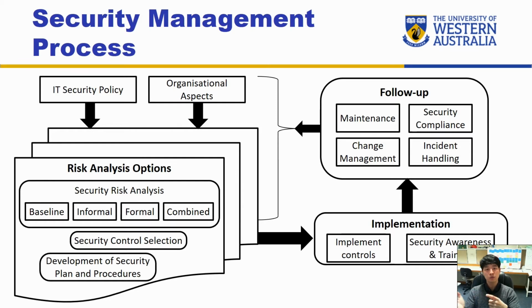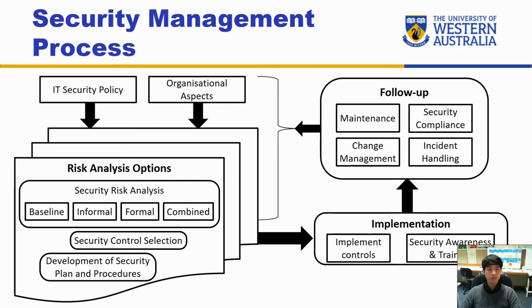This gets passed on to the implementation phase, where you select some security solutions for implementation, as well as the awareness and training. And then we do the follow-up, and this falls into this cycle. Okay, so what you want to do is not just do a security practice once, but make sure that this is a continuous cycle, that you are continuously looking for threats, vulnerabilities, and addressing them as you go along.